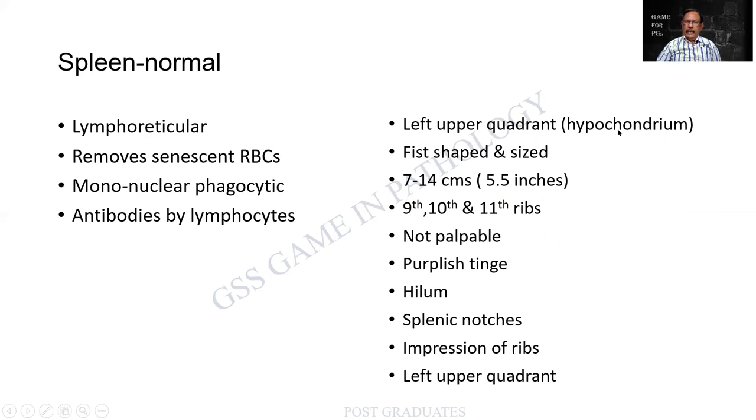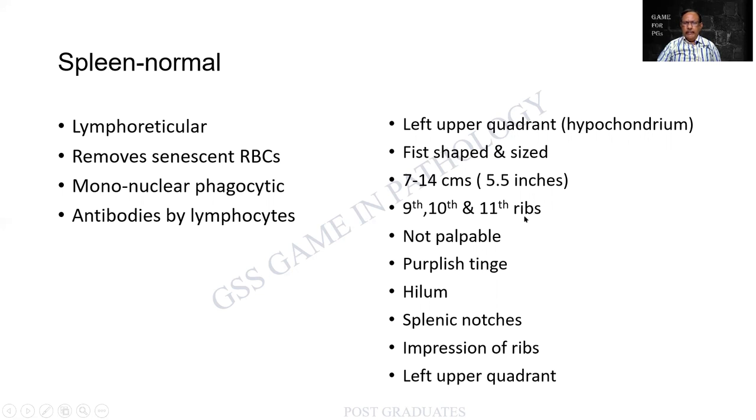And coming back to the fundamentals over here, it is located in the left upper quadrant of the abdomen. It is fist shaped and it is also the size of the same. The dimensions are better explained in the next diagram, but for the time being we shall remember that the impression of the 9th, 10th and the 11th ribs can be seen.